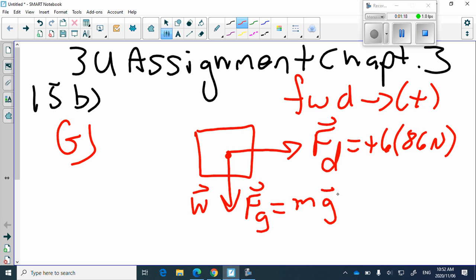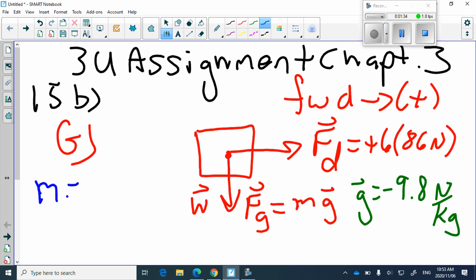The gravitational field strength near the surface of the Earth is negative 9.8 newtons per kilogram. What else do we know? We know the mass of the sled. The sled is 325 kilograms.